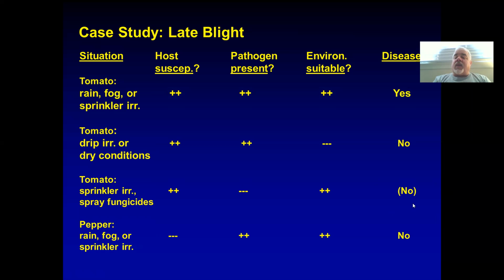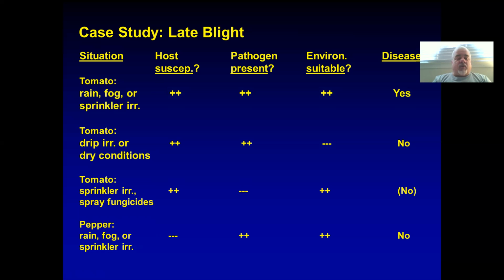Or maybe the population of late blight causing organisms living in your area have developed resistance. So there's no with a qualification. What if I have peppers, which are a close relative of tomatoes in the same family, but they're not susceptible to late blight?